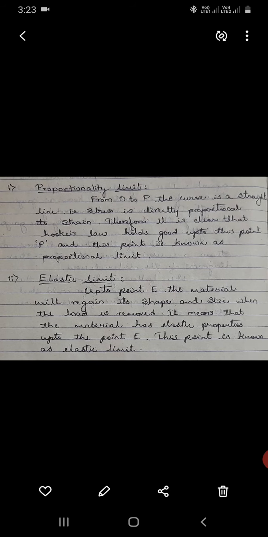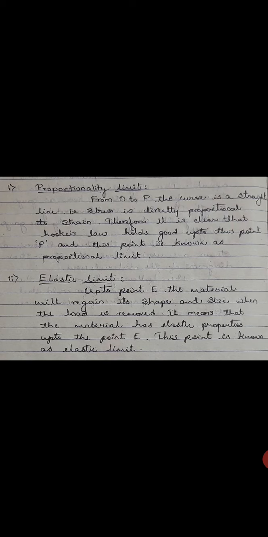First is the proportionality limit. From the origin O to P, the curve is a straight line, that is, stress is directly proportional to the strain.